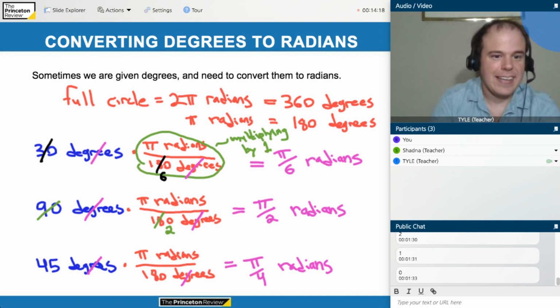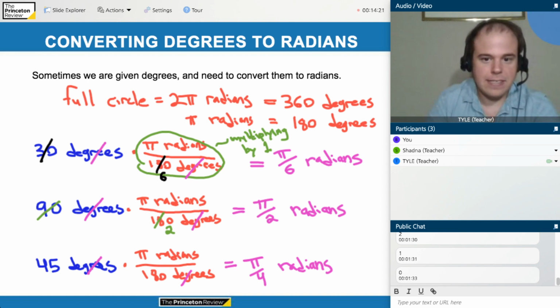Okay. And I would also like to draw a quick picture of each of these, just to help people visualize. So first, here's pi over 6, which we said was 30 degrees. So that's an angle that's about this size, about a third of a right angle.